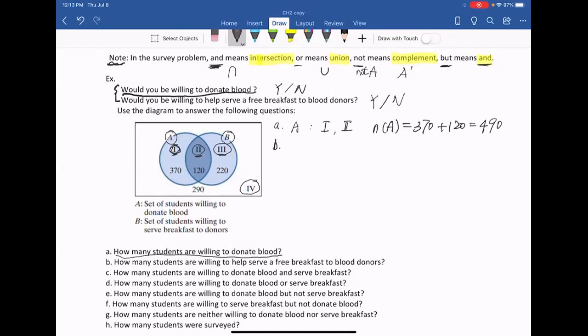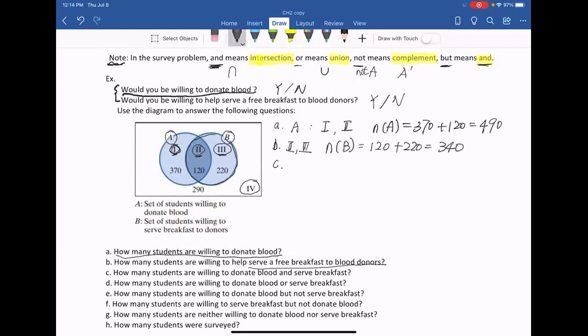Number B, how many students are willing to help serve breakfast to blood donors? That is regions 2 and 3. That means we're looking for B, which equals 120 plus 220, which is 340.